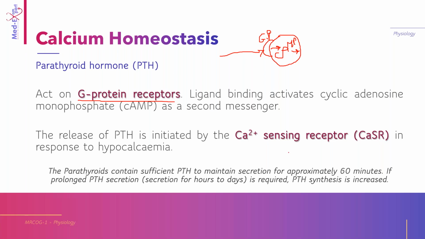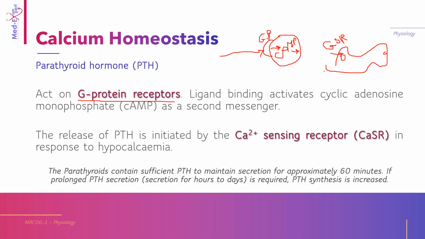The release of the parathyroid hormone is initiated by what's called the calcium sensing receptor in response to hypocalcemia. In the parathyroid gland, there is a type of receptor called calcium sensing receptor. This receptor responds to hypocalcemia.